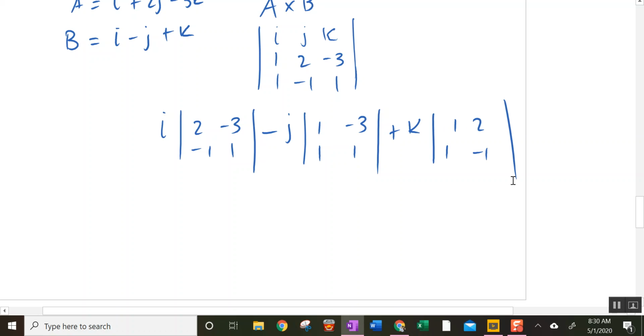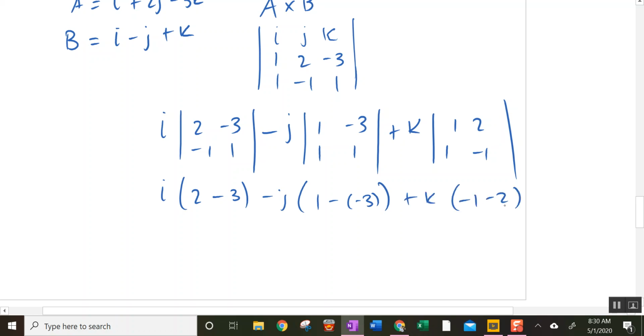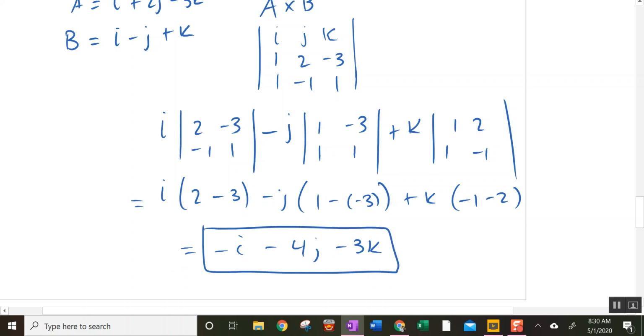And let's evaluate these determinants. This looks like i times 2 minus 3 minus j times 1 minus negative 3 plus k times negative 1 minus 2. So this looks like negative i minus 4j and minus 3k.